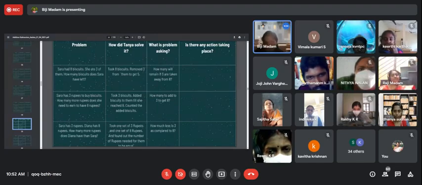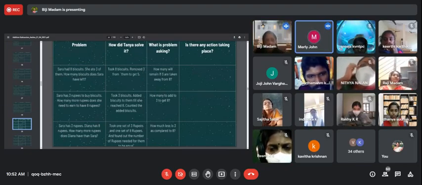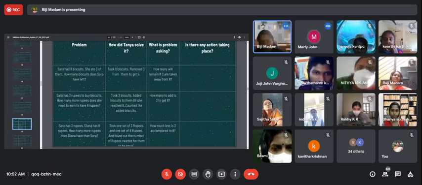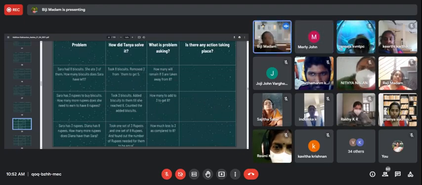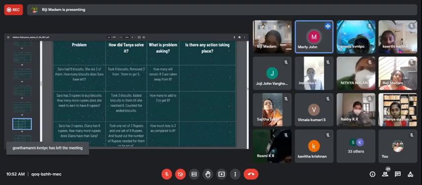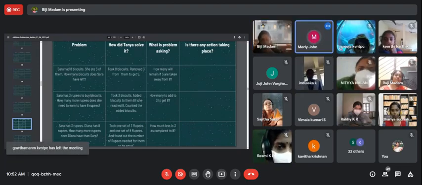Murli, John? Yes, ma'am, there is one. In the first question, what is the action? Is there any action? Finding how much is left. Is the child doing something? Yeah, he's subtracting 3 from 8.